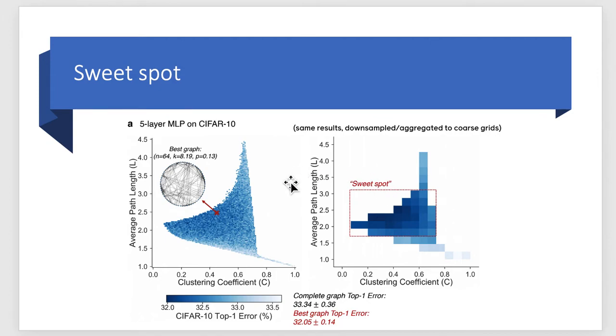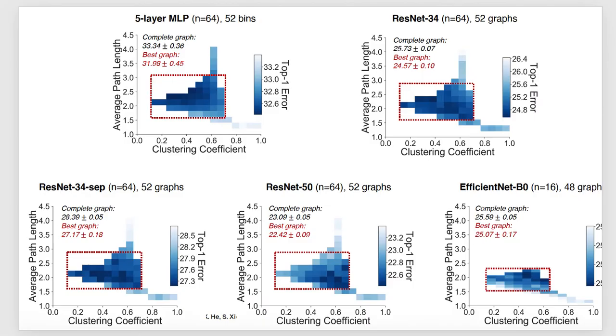For this one, they use the 5-layer MLP model on the CIFAR-10 dataset. To compare differences between models, they did various types of models to compare how the sweet spot would change based on the structure of the relational graph.